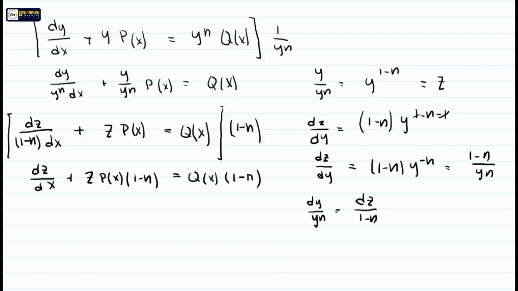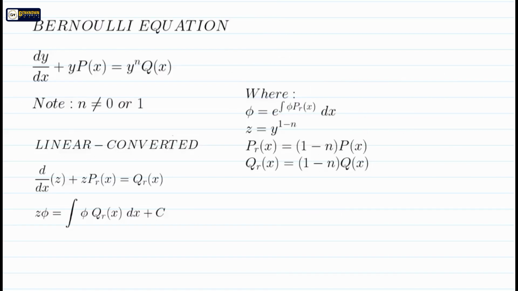Where the quantity of 1 minus n multiplied by p of x is equal to the reduced function of p, p r of x, and the quantity of 1 minus n multiplied by q of x is equal to the reduced function of q. As you can see, dz over dx plus p r of x times z is equal to q r of x. Yes, they are the same now.